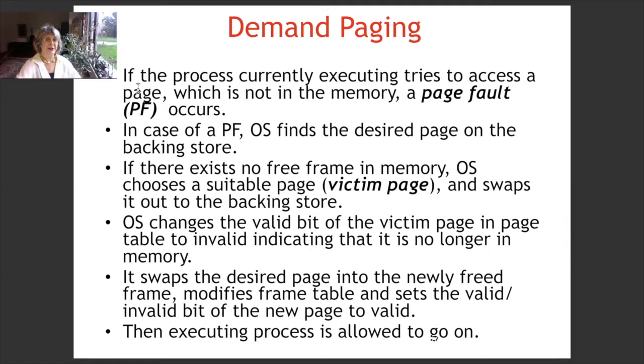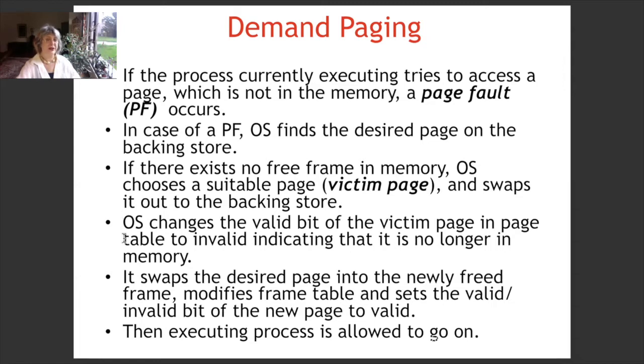In demand paging, if the process currently executing tries to access a page which is not in memory, a page fault, shortly PF, occurs. In case of a page fault, the operating system finds the desired page on the backend store. If there exists no free frame in memory, the operating system chooses a suitable page as the victim page and swaps it out to the backend store.